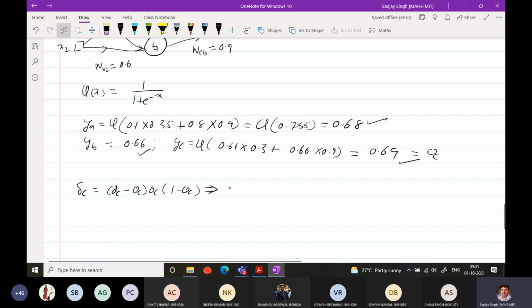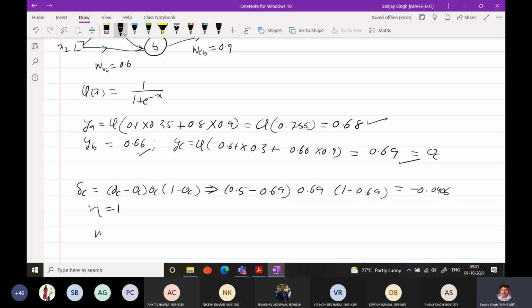So this comes out to be 0.5 minus 0.69, times 0.69, times 1 minus 0.69. Up to 4 decimal places the value comes out to be 0.0406 in magnitude. And of course now we are assuming that eta equal to 1.